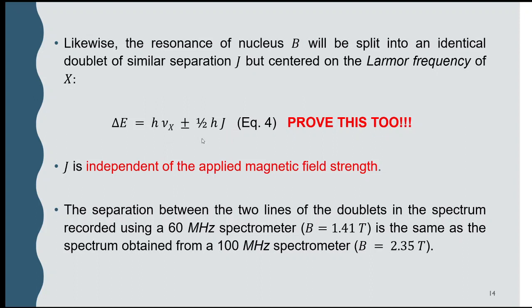I also like to note that the magnitude of J is independent of the applied magnetic field. So the separation is the same if you use a weaker or a stronger magnetic field.